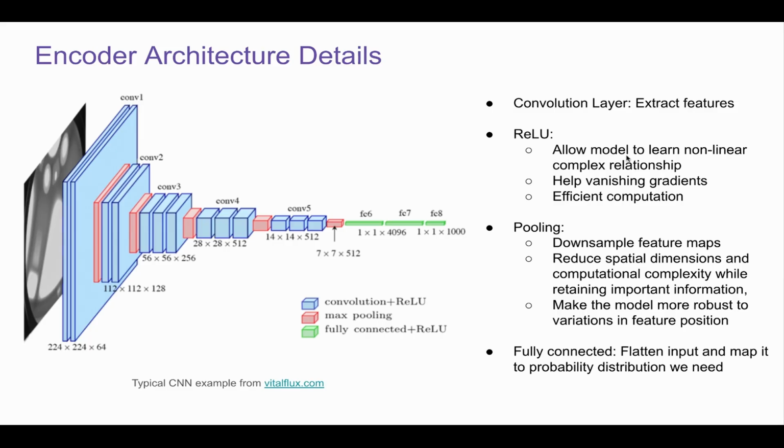It allows the model to learn nonlinear complex relationships, it helps with vanishing gradients, and it's also very efficient computation-wise. The pooling layer is supposed to downsample features. It reduces spatial dimensions and computational complexity while retaining the important information. It also makes the model more robust to variations in feature position. The fully connected layer flattens the input and maps it to a probability distribution as we need.